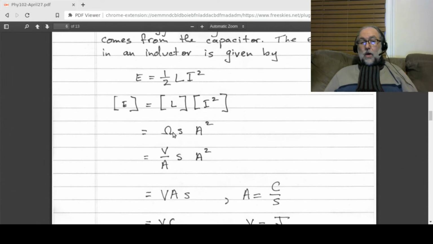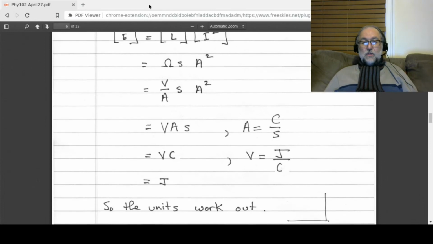So we get an ohm second times an amp squared. Now, what's an ohm? Out of Ohm's law, it's a volt per amp. So we can write the ohm as V over A, and one of the amps will cancel out. Then this reduces to a volt amp second.